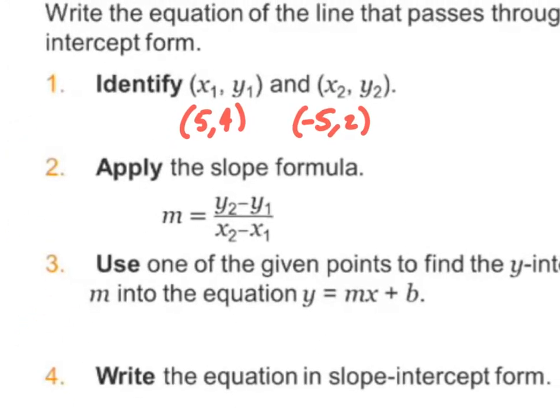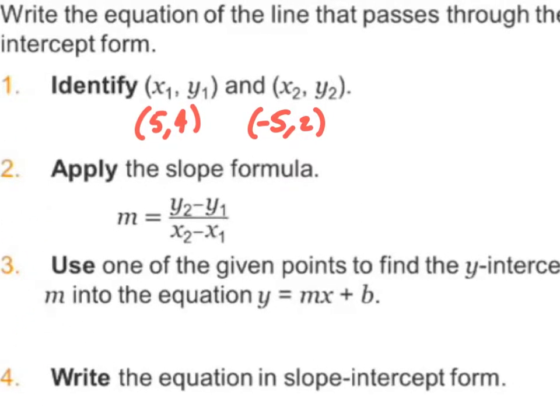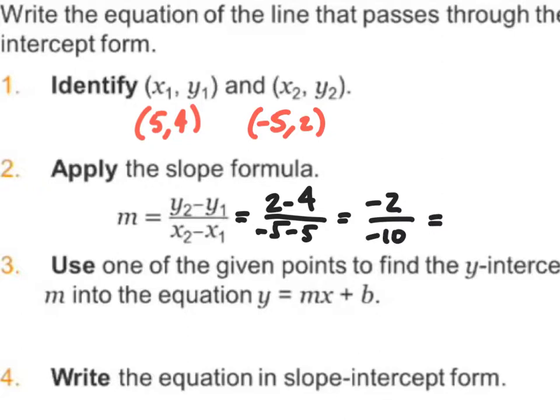If we apply the slope formula, we're just going to get, what do we got? 2 minus 4 over negative 5 minus 5. So this gives us a value of 2 minus 4 is negative 2 over negative 10. So that equals a positive 1/5, okay?